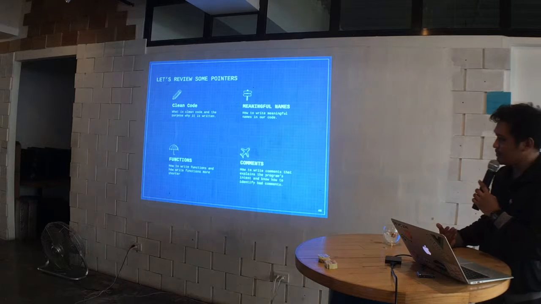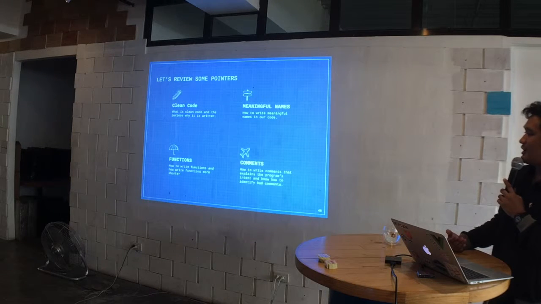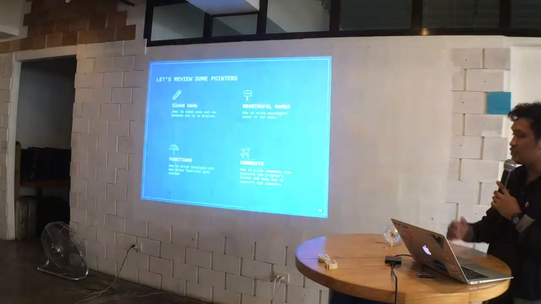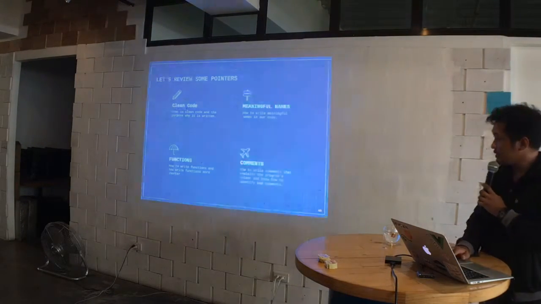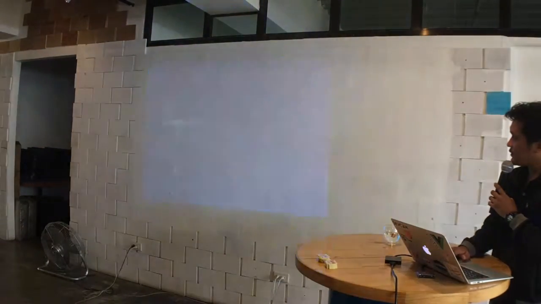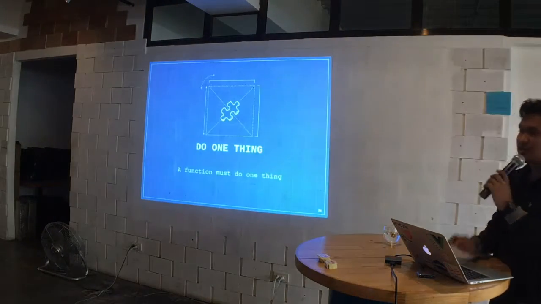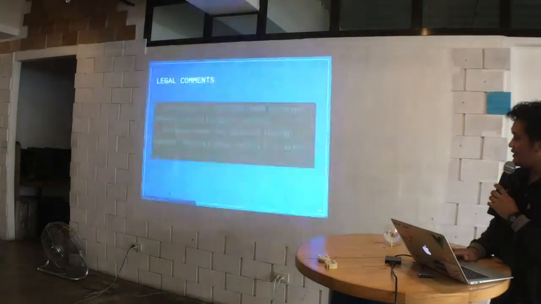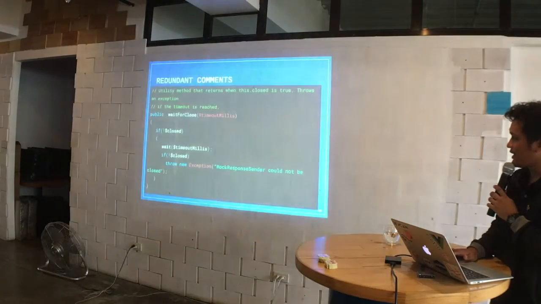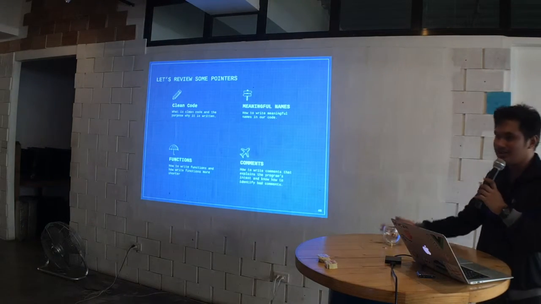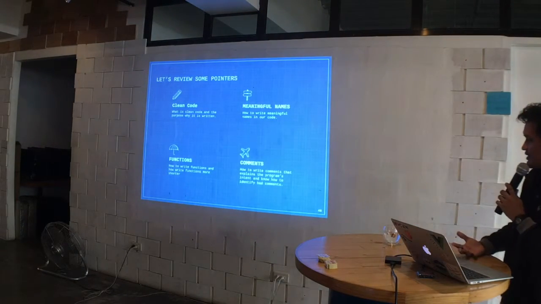Then we learned how to correctly write functions: make them shorter, and they must do one thing only. And lastly, we learned about how to write comments, what are good comments and what are bad comments.